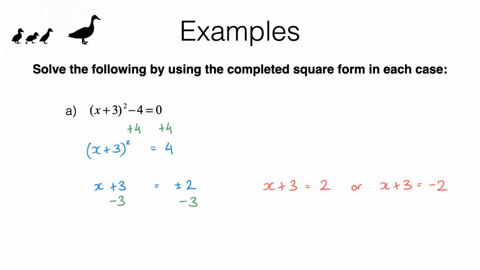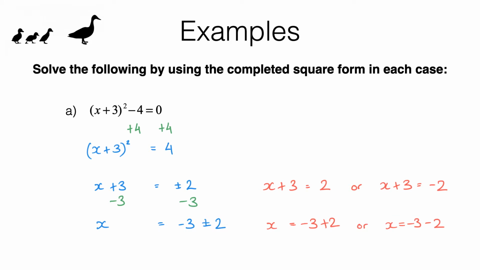So I have x on the left, and I have negative 3 plus or minus 2 on the right-hand side. Now, what does this actually mean? Well, it means x equals negative 3 plus 2, or x equals negative 3 minus 2. That leads us to two solutions.